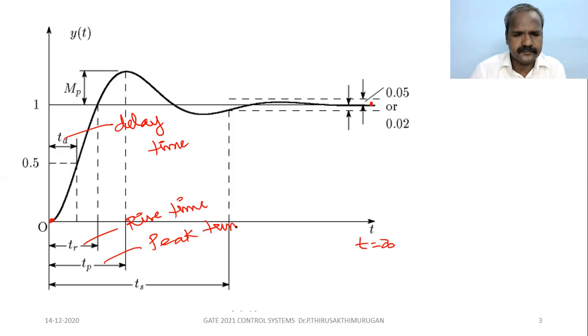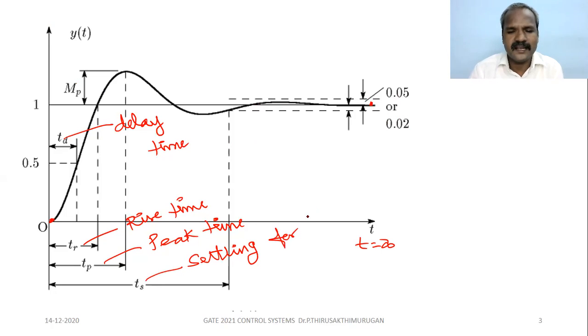TS equal to settling time; there are two settling times for two tolerances. This is settling time for 2% tolerance, and this is for 5% tolerance.